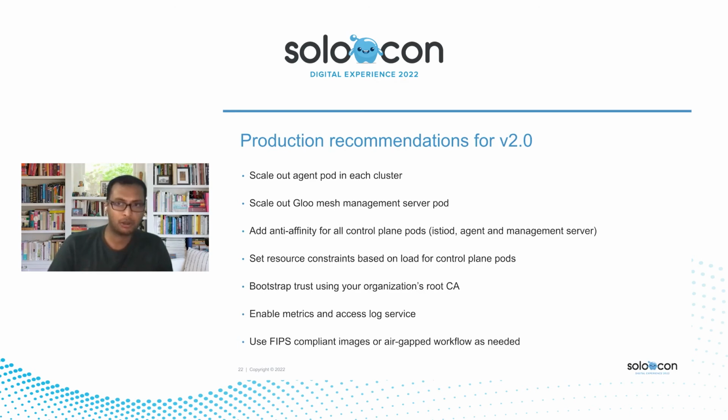By default, it's on, but if you have turned it off, you should understand once you have this system turned on, you will get a single pane of glass and all the metrics and logs will be aggregated in one place for you to visualize. And then we are also providing FIPS compliant images, and we support air gap workflow. I would highly recommend to use this depending on your policy requirements.